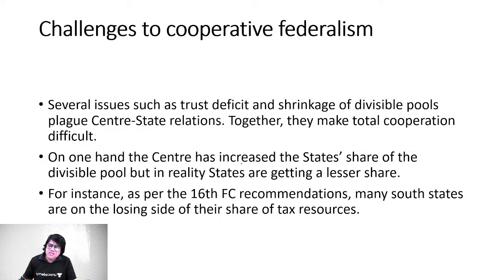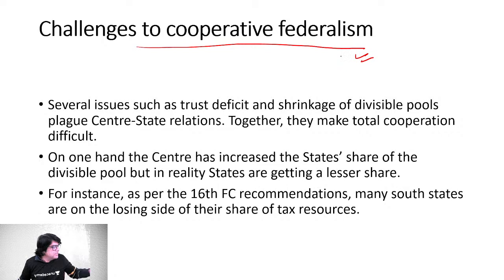So then, of course, there are so many challenges in cooperative federalism. It is not without challenge. You see, cooperative federalism, or any political concept for that matter, or any constitutional tenet, or any specific constitutional dimension for that matter, is not free of challenges.